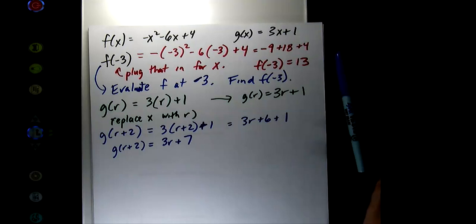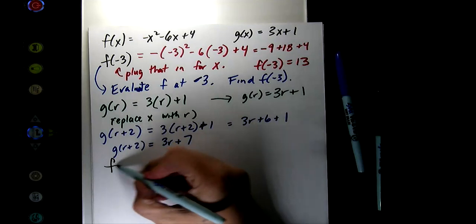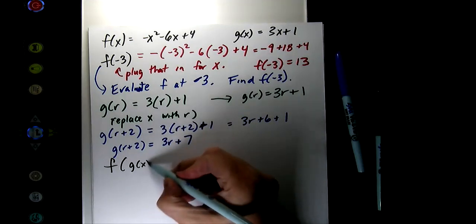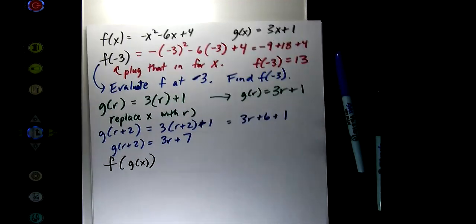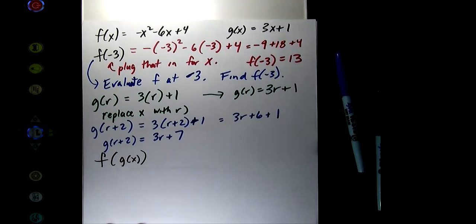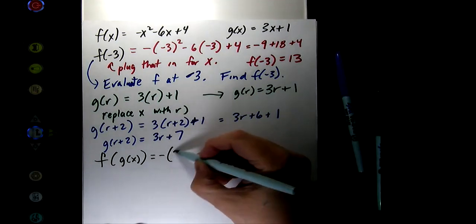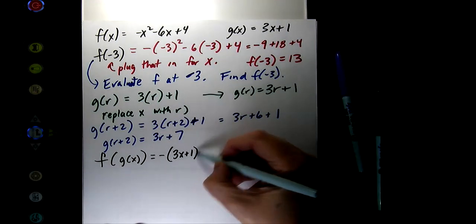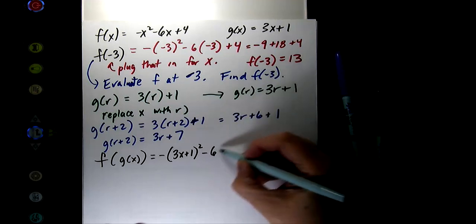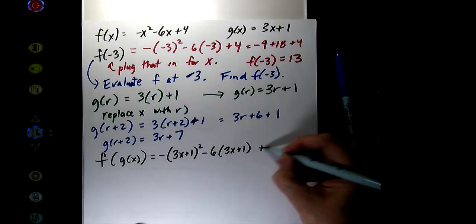We can even do stuff like this. I can stick G of X in F. If I do that, it does this. I'm not going to calculate it out, I'm just going to show you what it is, because we have a whole section on it later on.